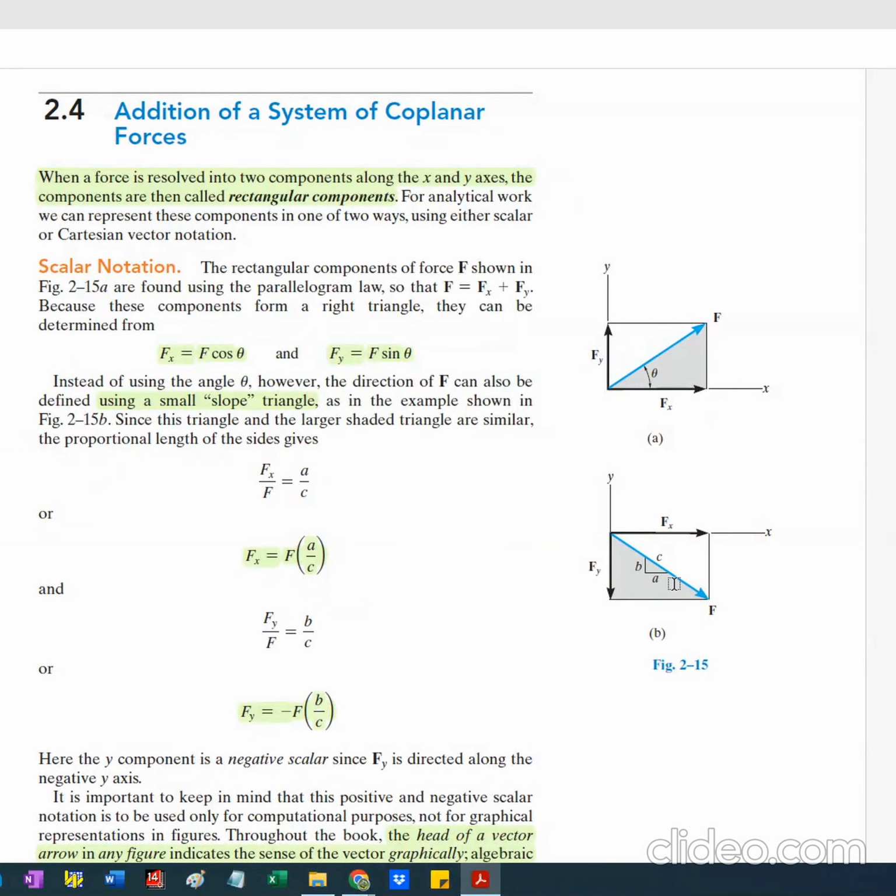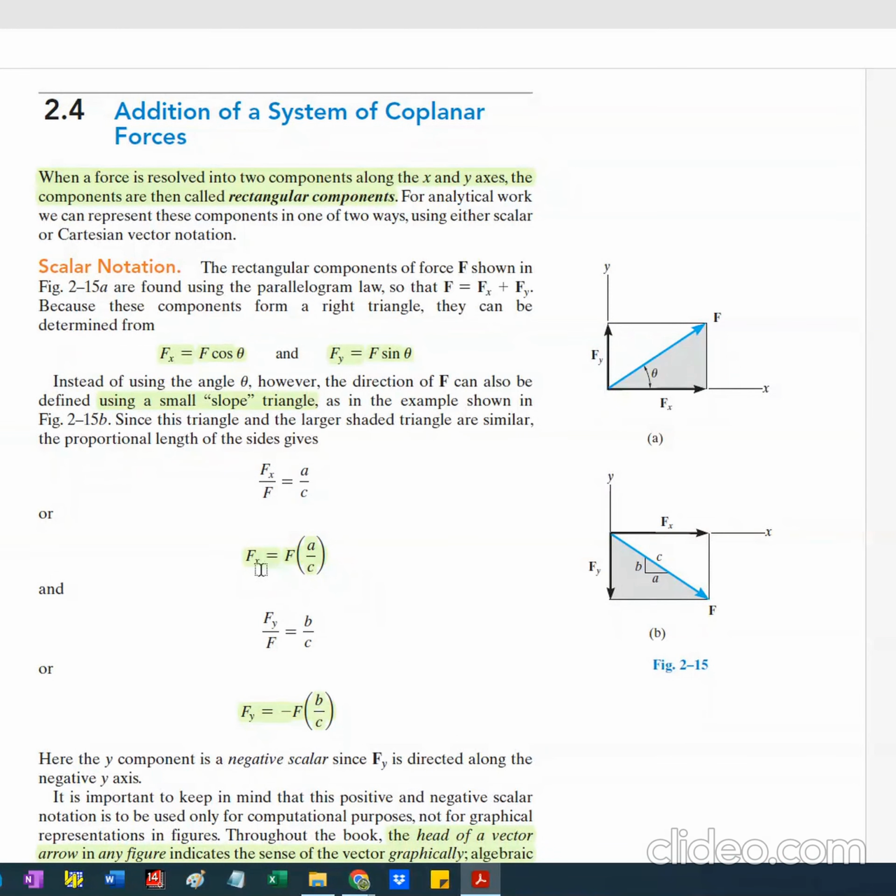I've seen this in some books. I'm not very fond of this way of specifying the orientation of the vector with the small slope triangle, where you know A and B. You can calculate C, or maybe all three are given. Oftentimes A and B are Pythagorean numbers.